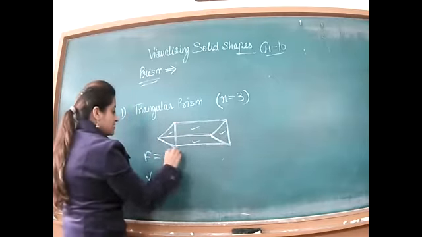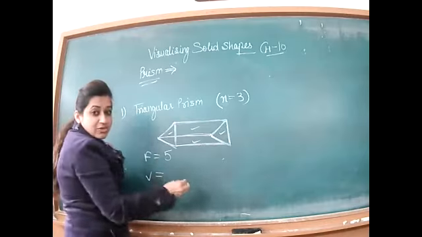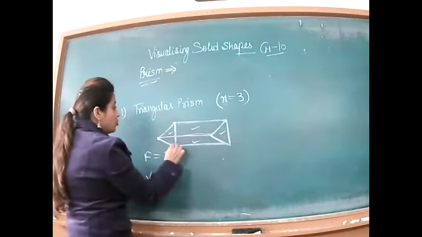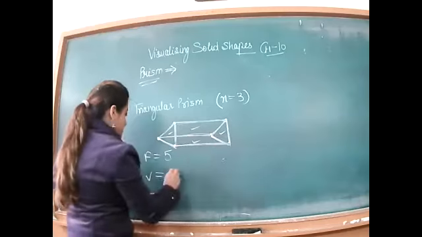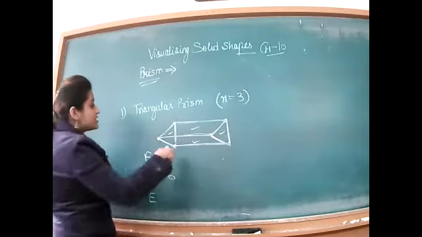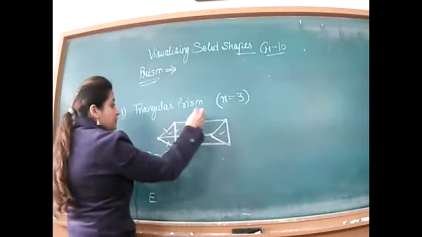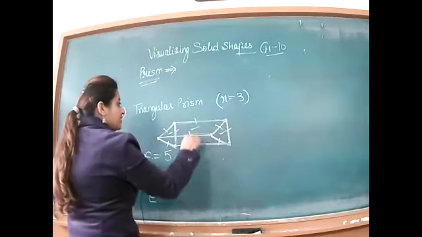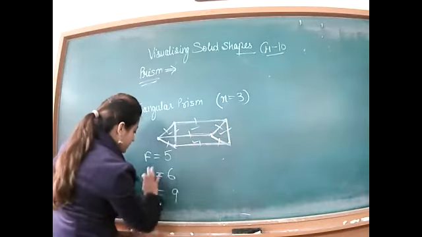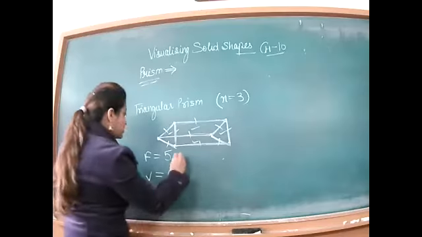So total 5 faces are there. Vertices you can count: 1, 2, 3, 4, 5, 6. 6 vertices. Edges you can count: 1, 2, 3, 4, 5, 6, 7, 8, 9. So 9. Now let's derive the formula for this.